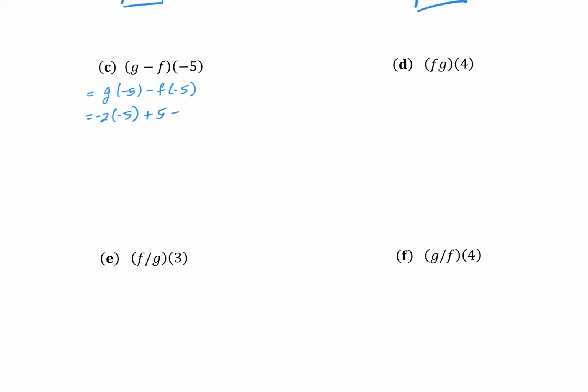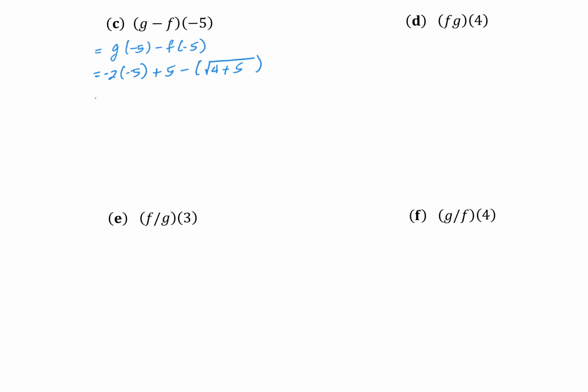And we're going to subtract our f with the negative 5. So that would be the square root of 4 minus a negative 5, which becomes a plus 5. Well, I guess I didn't need the parentheses. This becomes 15 minus the square root of 9, which is 3, so minus 3, and that's a positive 12.